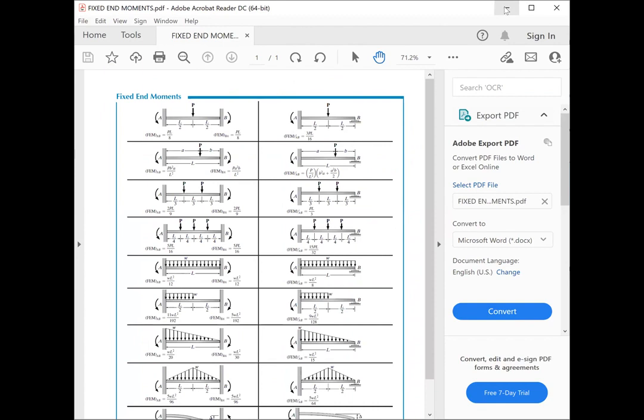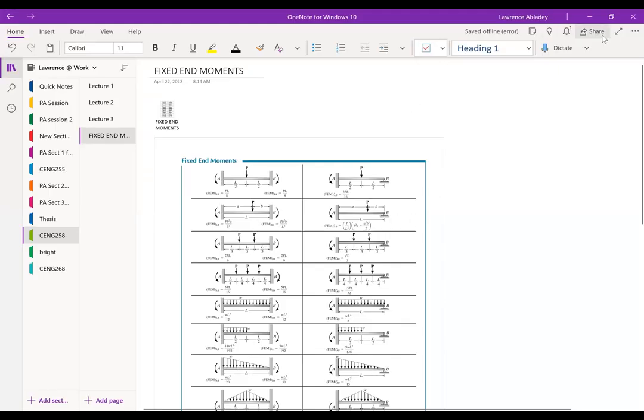New page. All the previous page that I opened. CENG. 25 minutes. Let's see. Okay. Okay. Okay. So I think this should work.